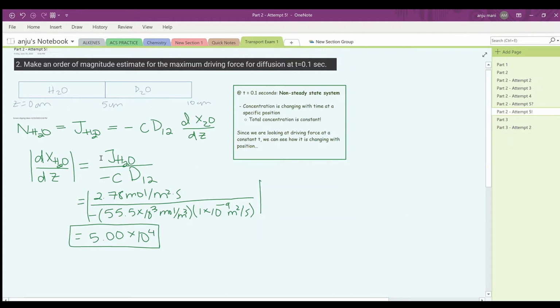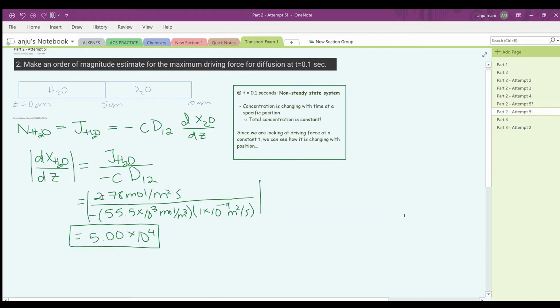So I started with Fick's equation for a binary ideal solution. We can isolate the driving force, and we're looking at the magnitude of it. It's equal to the molar diffusive flux over the total concentration times our diffusivity coefficient.